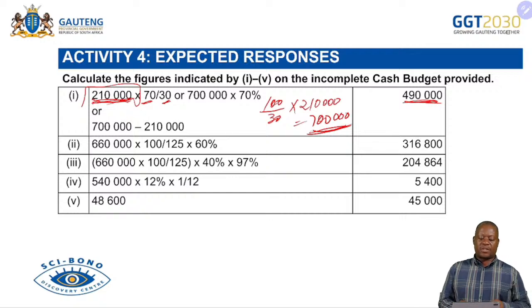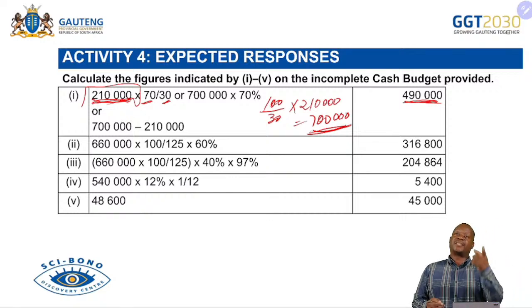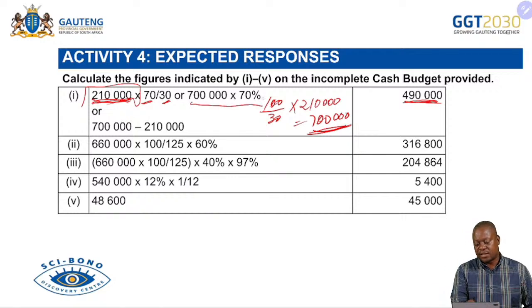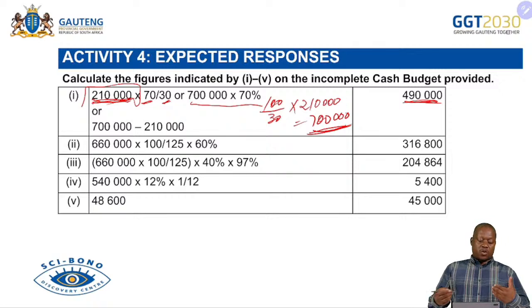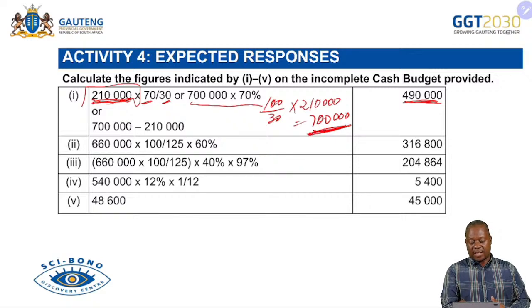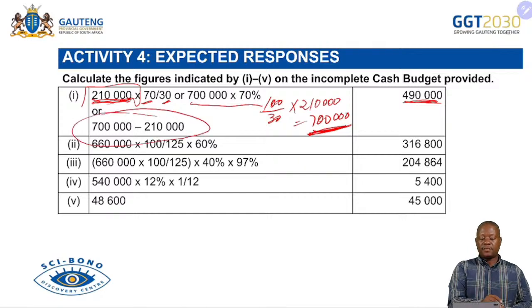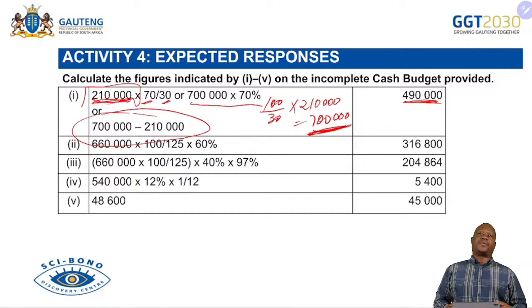Having total sales, we can find our cash sales by saying cash sales are only 70% of our sales. But we can also do it the other way. After finding the total sales, we just subtract the credit ones which we already have. 700,000 minus 210,000, we are still going to get 490,000. Straightforward. No problem on that.